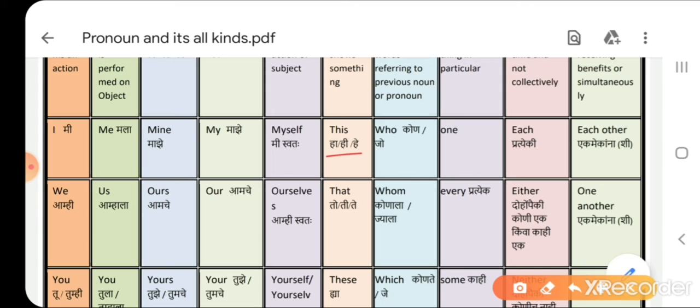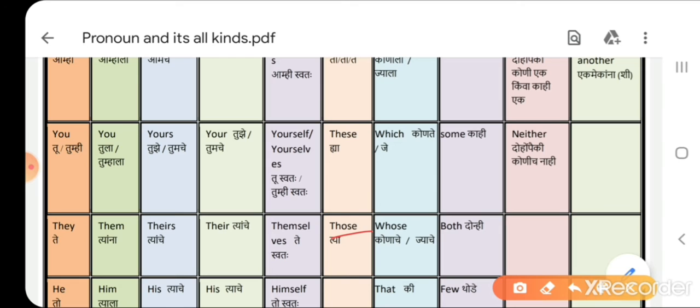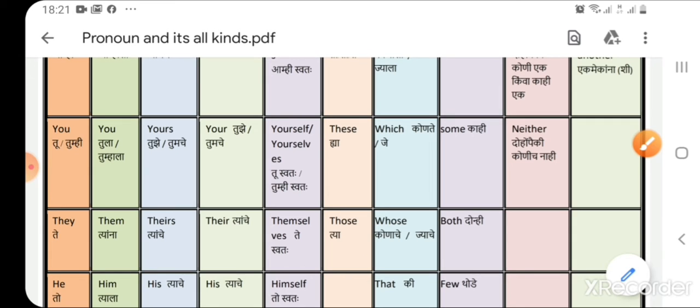For more than one we use these, and for nearby. Then that is used for one distant object. Distant means दूरचा. For more than one, pronoun those is used. These plural pronouns are used with plural verbs like are, were, etc.